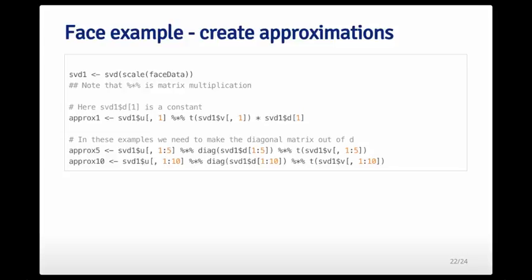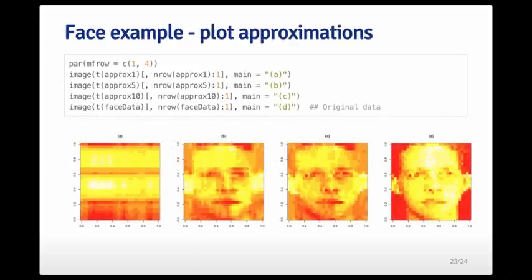Here I'm creating one that just uses the first principal component, or the first singular vector, one that takes the first 5 altogether, and another that takes the first 10. So we can take a look at what this approximation looks like. The first image, all the way on the left, just uses a single singular vector, and you can see that it's not a pretty picture, so to speak.